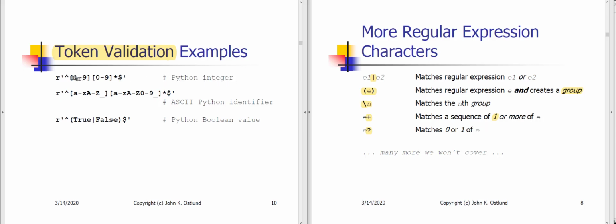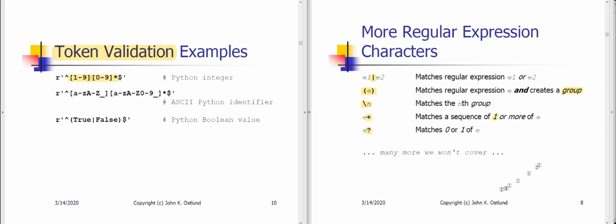In Python, an integer has some digit between 1 and 9 as its first character, and then may have additional digits between 0 and 9. So if a string is going to be a valid Python integer, it has to begin with a digit between 1 and 9, followed by digits between 0 and 9.